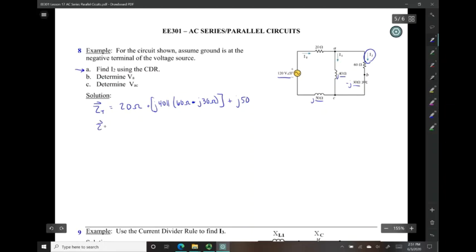Right, if I calculate all that, I'll get ZT of 97.22 ohms, angle 62 degrees.